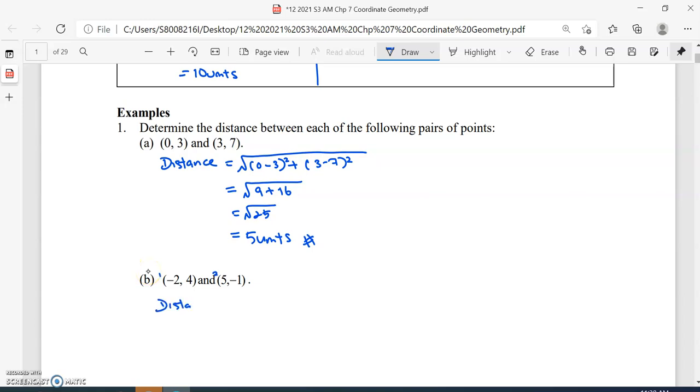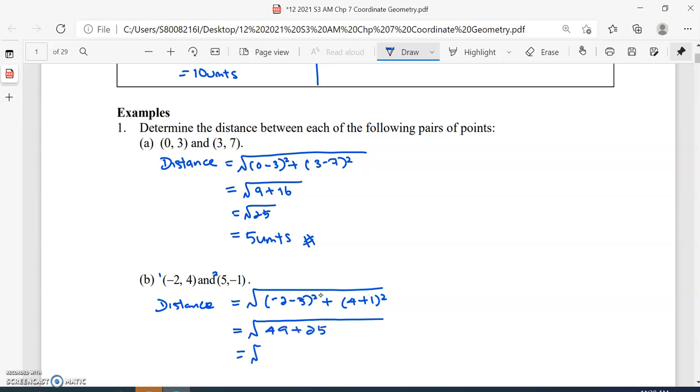To find the distance then, again, x value difference plus y value difference. And that puts me at 49 plus 25 to give me 74, and that will give me 8.60.